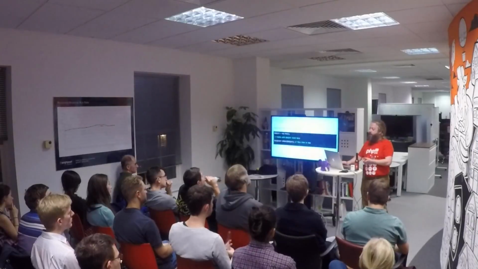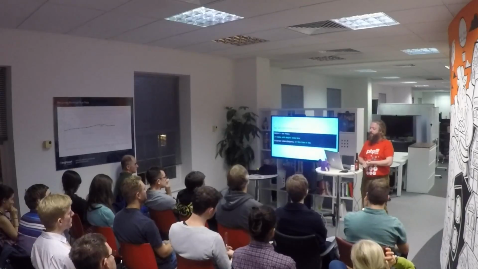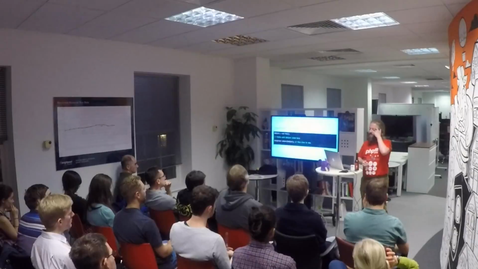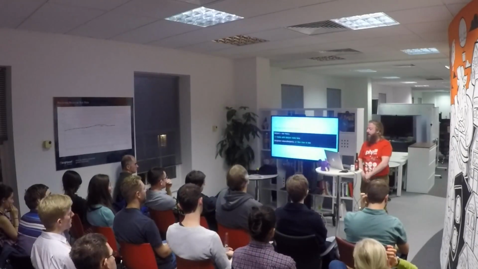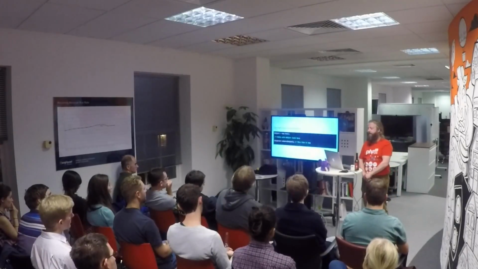You can also share objects directly. So instead of telling Auron to share a class name, you can create an object yourself and tell Auron, here is an object. If you ever need to use an object of that type, use this one instead of creating one yourself. That's actually really useful when you're refactoring a legacy application.